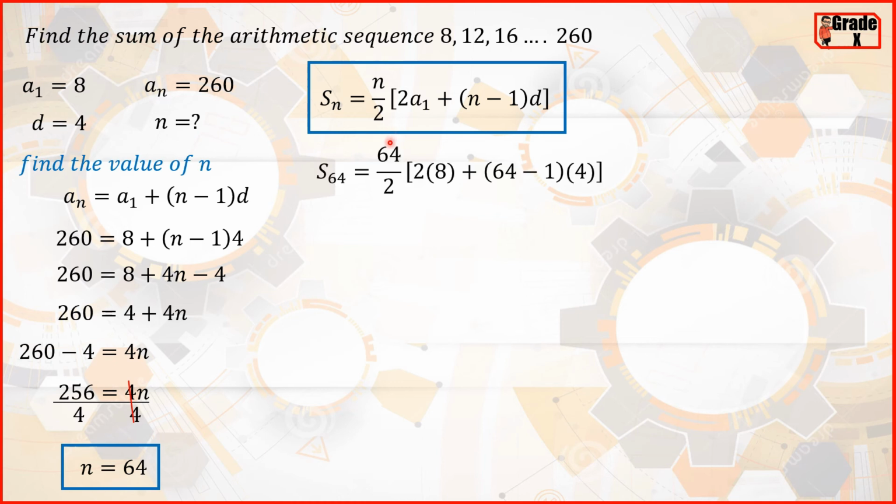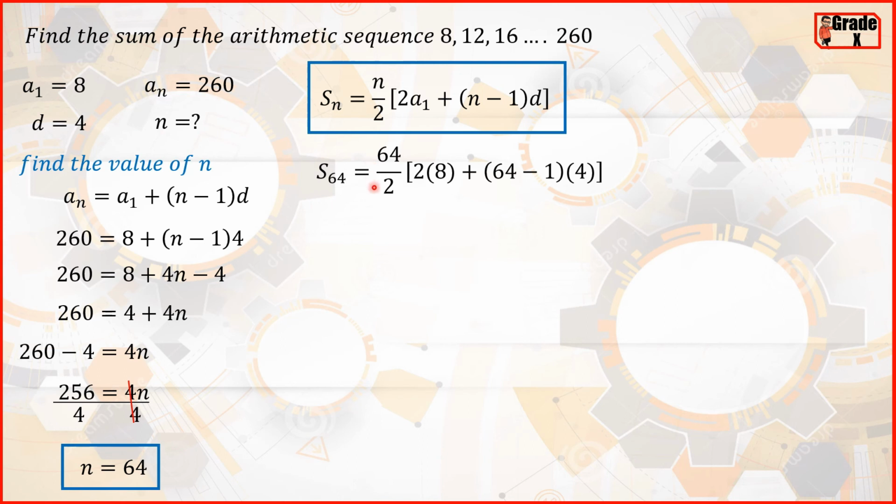Then by substitution, S sub 64 is equal to 64 as the value of n, yung computed n natin kanina, over 2, 2 times a sub 1 is 8, n is 64, and d is 4.